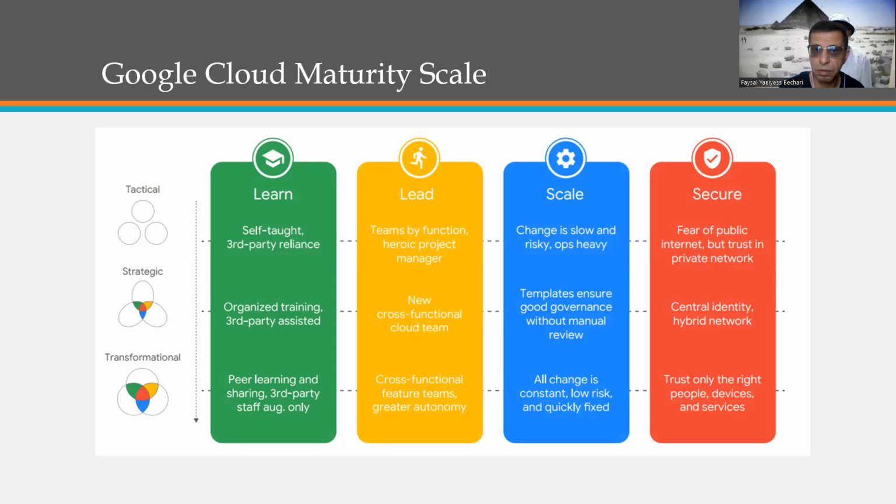But if you want to be transformational, this is peer learning and sharing, with third-party staff augmentation only. In lead, we'll explain the same thing: the tactical part, the strategic part, and the transformational part. So it's on a scale. There are three types: the tactical, the strategic, the transformational. So it's the same in secure. We'll explain that.